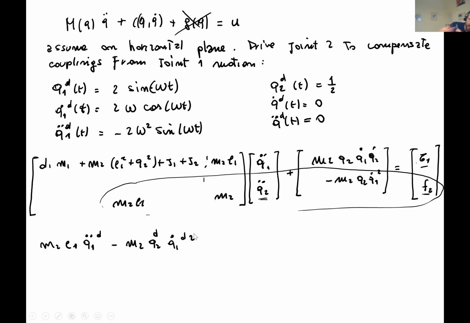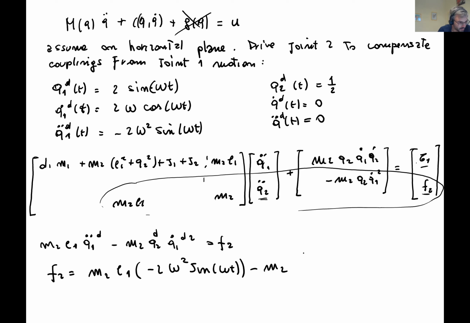Okay, and then this is equal to the force we want to compute, F2. So if we replace explicitly, we have M2, L2, L1 minus 2 omega squared sine of omega t, minus M2 times 1/2.